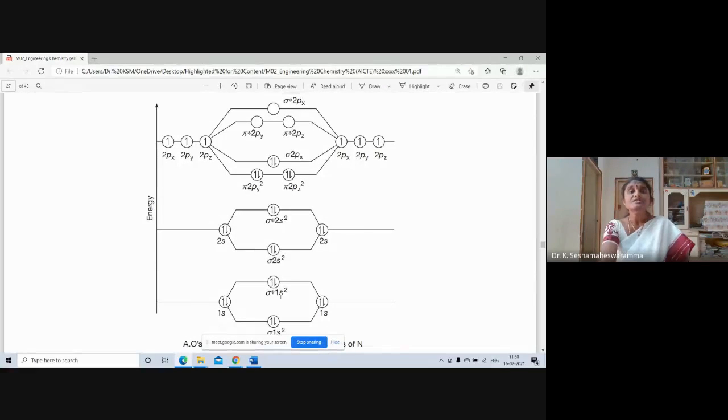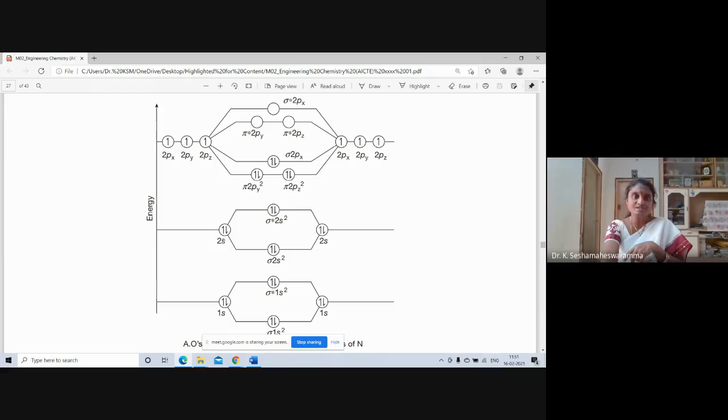The y-axis represents energy. On one side are the atomic orbitals of one nitrogen atom, on this side the atomic orbitals of another nitrogen atom. In between these two are the molecular orbitals.